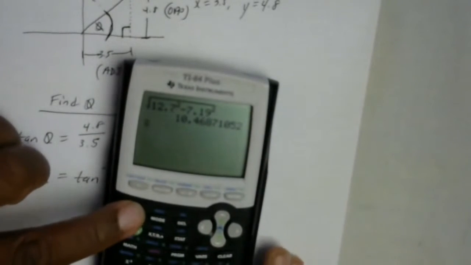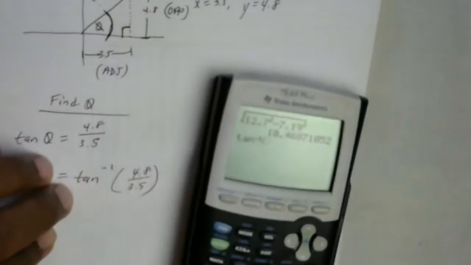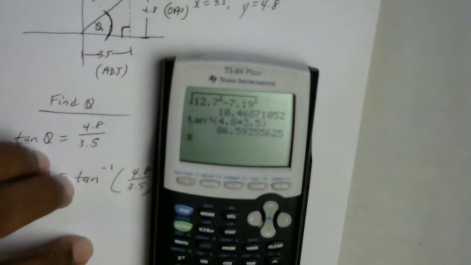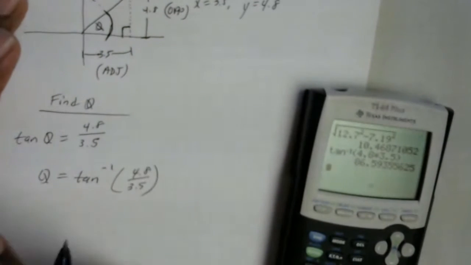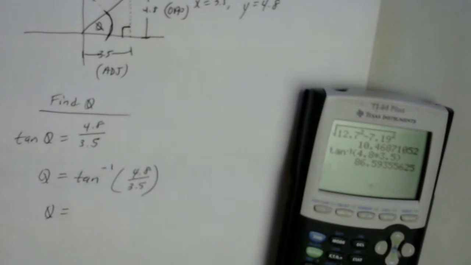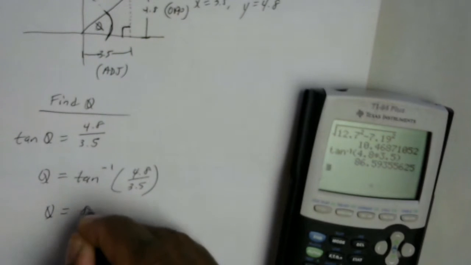So I'm going to put in the arc tangent of 4.8 divided by 3.5, and we have that theta is equal to 86.6.